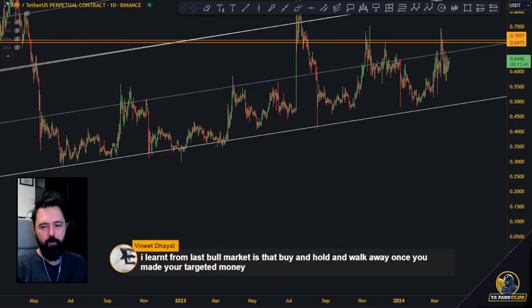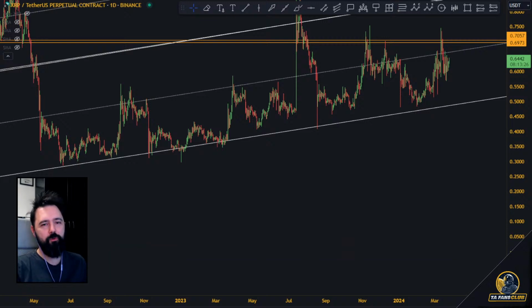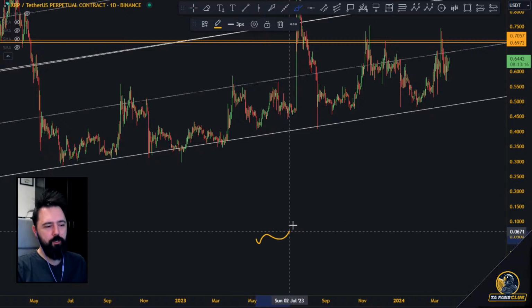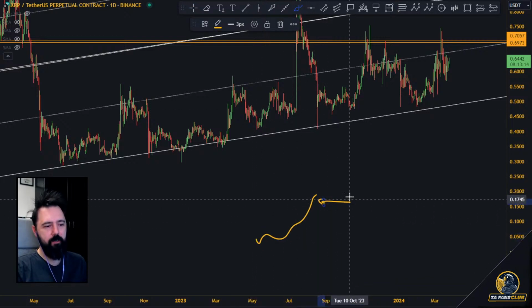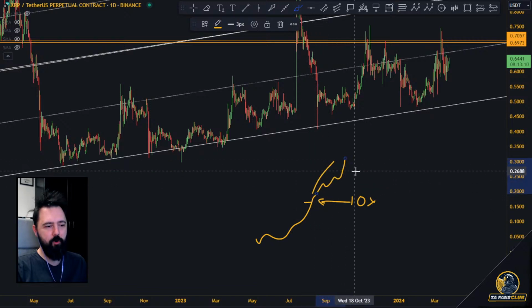I learned from last bull market is that buy and hold and walk away once you made your target money. Yeah, so I've been telling people lately, I've been mentioning it a couple of times. Regardless of when you get into this bull market, if you hit your target, it's nice. But imagine stuff goes up, you buy over here, you want 10x from over here towards upside. Price goes a little bit more up here.